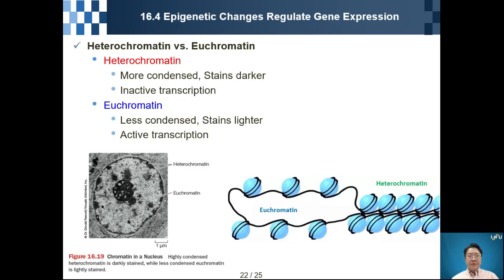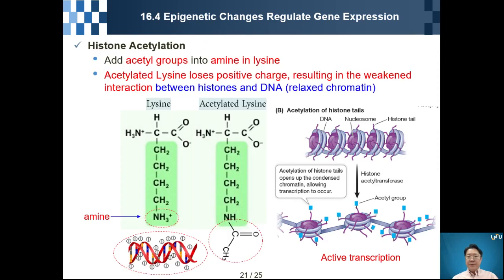So in this slide, we will learn about heterochromatin and euchromatin. Previously we learned that histone acetylation makes relaxed chromatin. However, without histone acetylation, chromatin is very compact. They show a very compact structure.